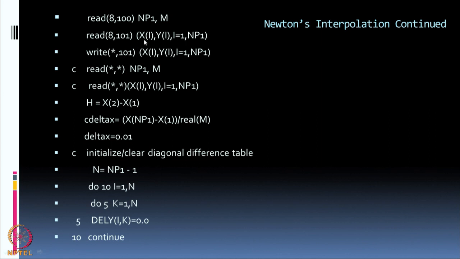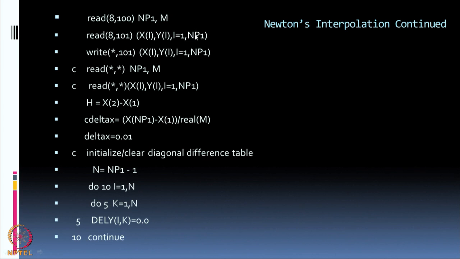Now, in this particular read statement, I am reading many points without using a do loop. What this involves is called an implicit do loop. What is an implicit do loop? In the bracket, a do loop is already implicit because I want to say xi, comma, yi, comma, i going from 1 to NP1. NP1 is n plus 1.